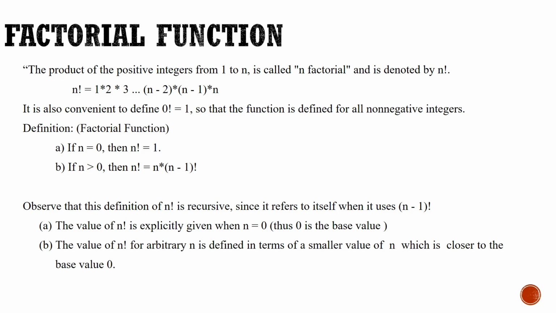This is how the design of the factorial function should work. Each time we make a function call, we are decrementing the value of n by 1. So that will be your second condition, wherein every time we reduce the value of n so that we can reach the base value.